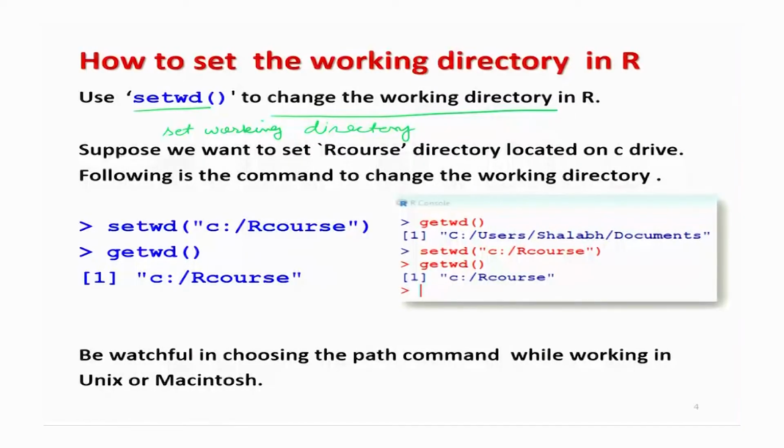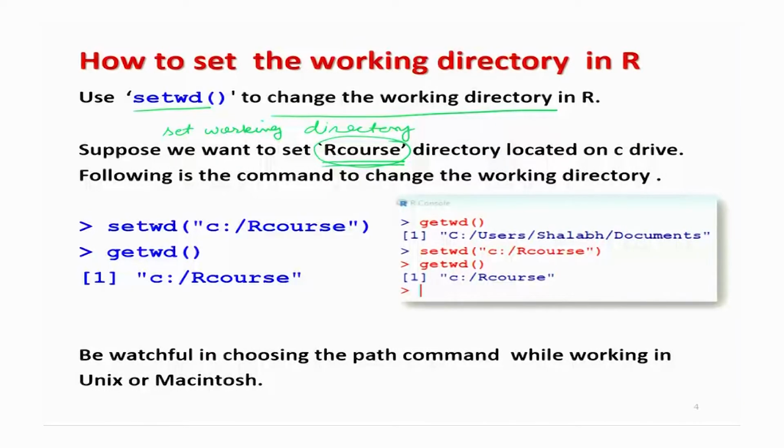So, just for the sake of understanding, I have created a folder R course, capital R and then COURSE. I have created this folder on the C drive, and I want that my R software should read the files from this directory, and all my output should also be stored in this directory.